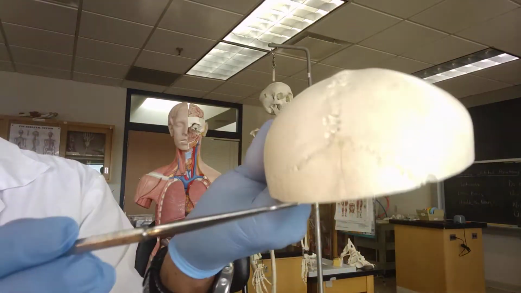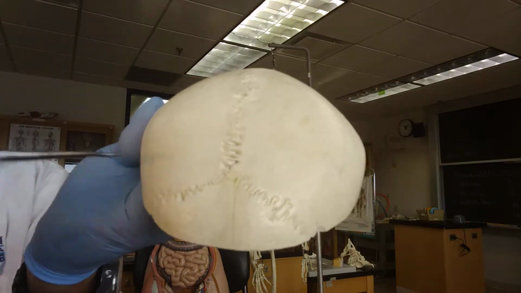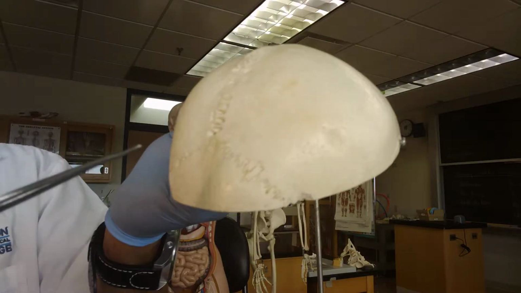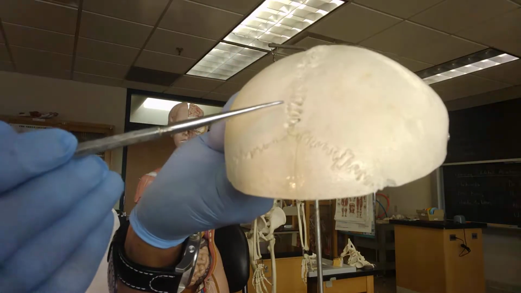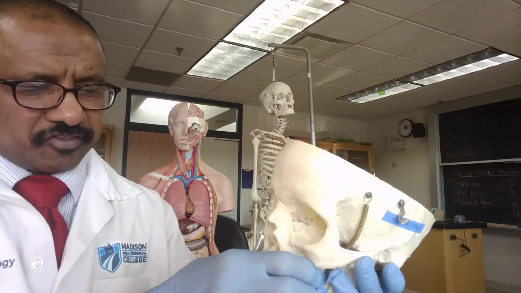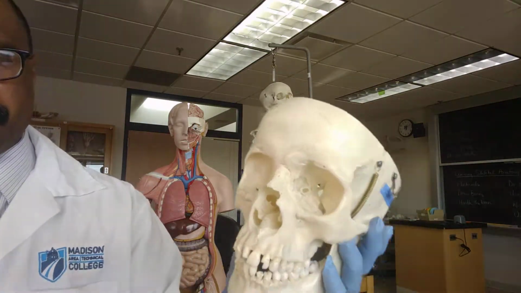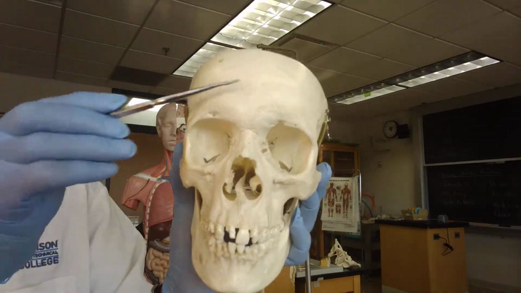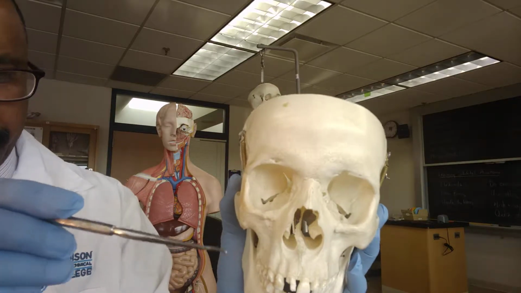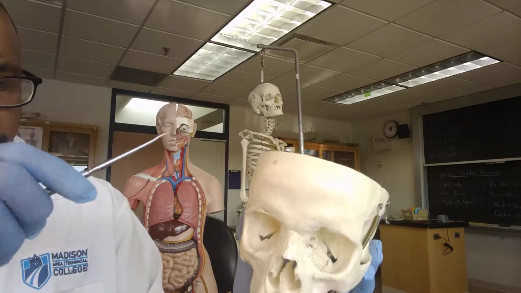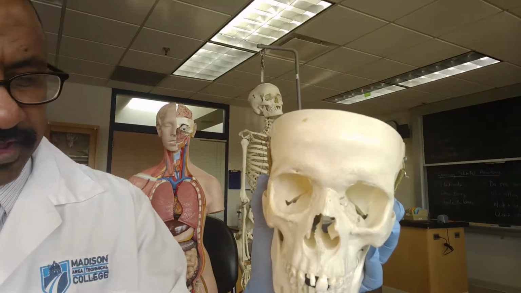And in the back we have the lambdoid suture, and the lambdoid suture takes the lambda shape. As I said, the skull has facial bones, which are in the front, and cranial bones, which are all over the other parts of the skull.